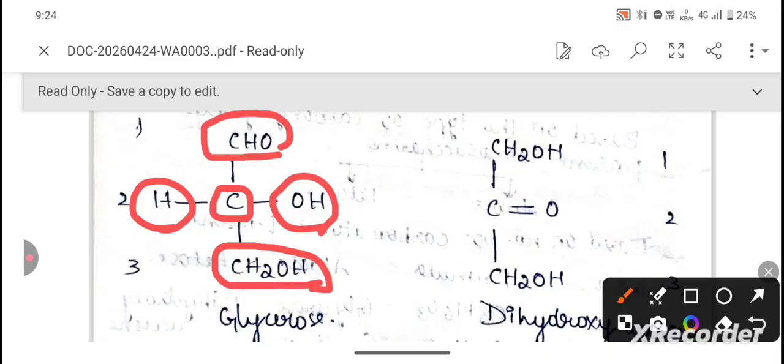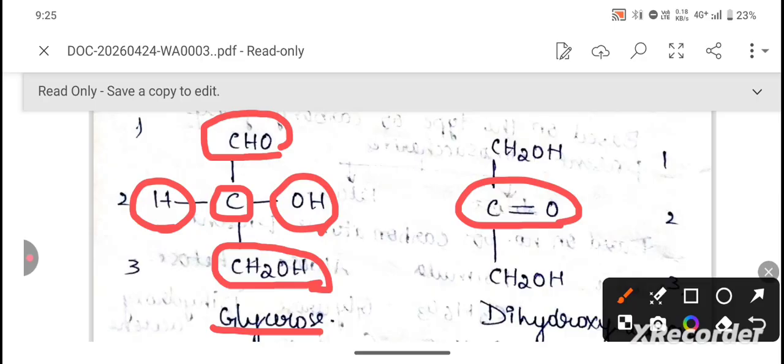The compounds which contain an asymmetric carbon are known as asymmetric compounds. So glycerose is an asymmetric compound as it has an asymmetric carbon in its structure. Take the example of dihydroxyacetone: it has CH2OH at the top and bottom, and a ketone group in the middle, which doesn't give 4 different groups.